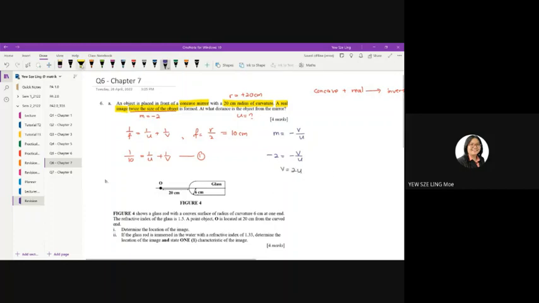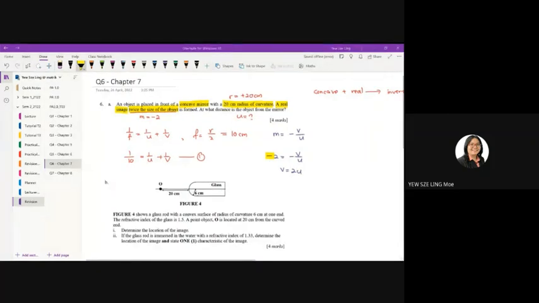It is very important to include the negative sign in your M, because then you will have a positive V. If you write M as a positive value, then in your substitution V will become a negative value, which indicates that you are having a virtual image if V is negative.